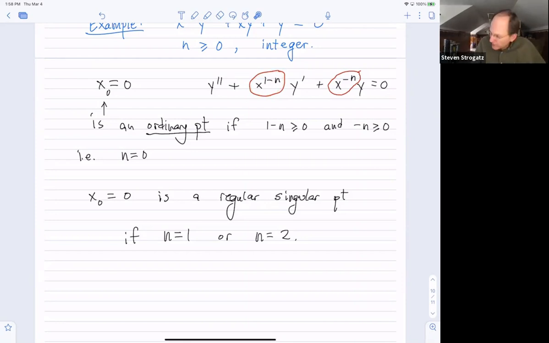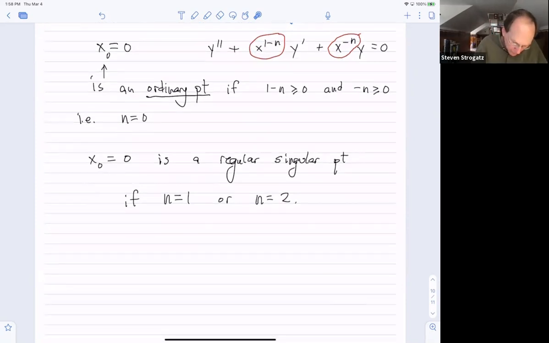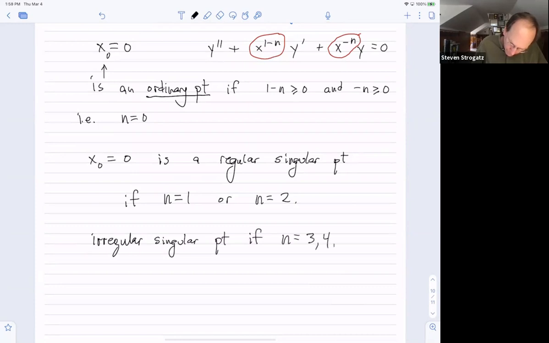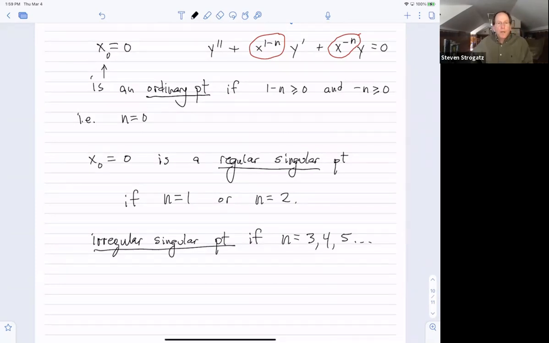And then if n equals 3 or higher, you get an irregular singular point. All right, so that's just a little example.